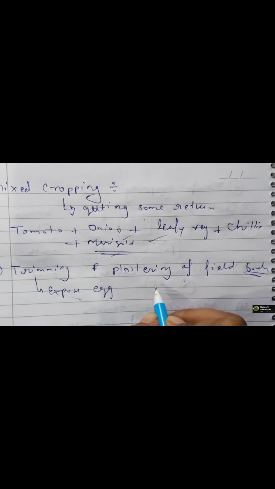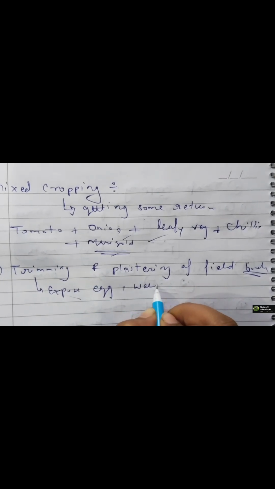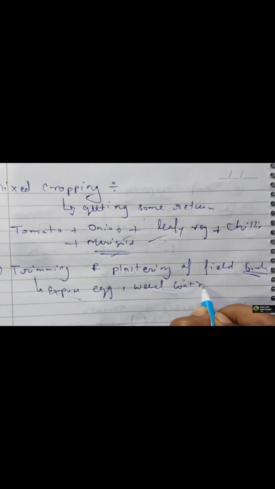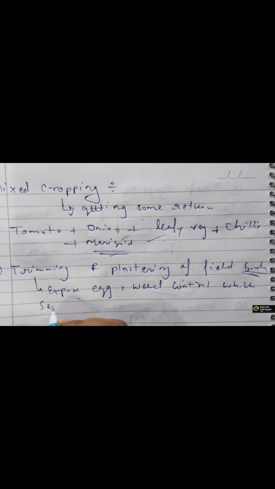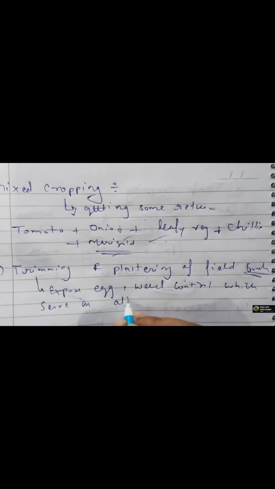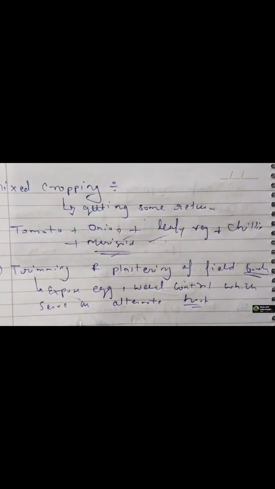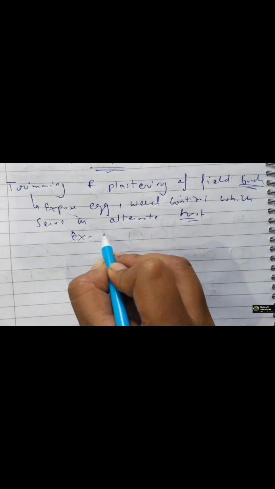It is used to expose eggs which are laid in the weeds on the bund, and for weed control of weeds which serve as alternate hosts. Mostly its perfect example will be grasshopper.